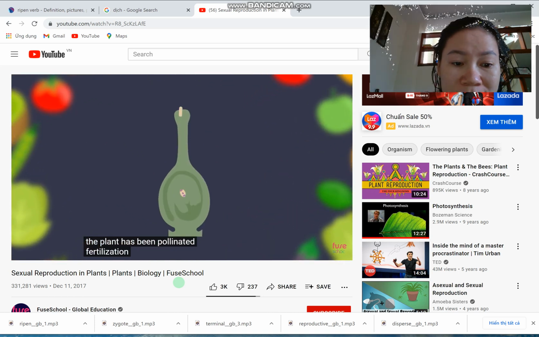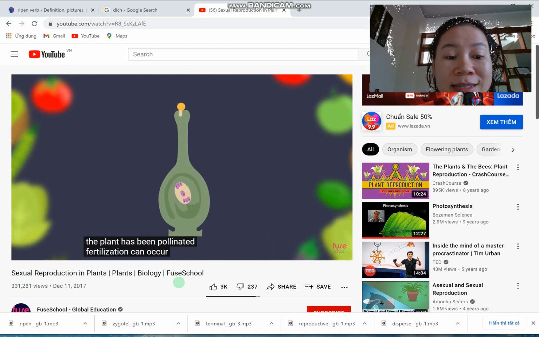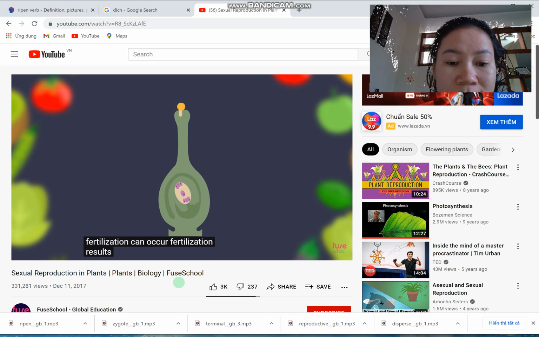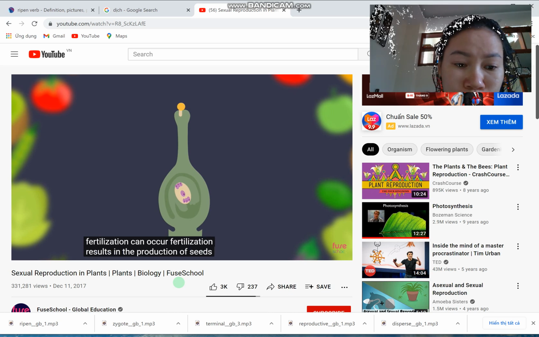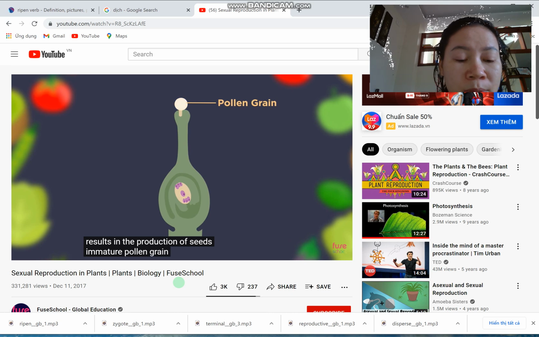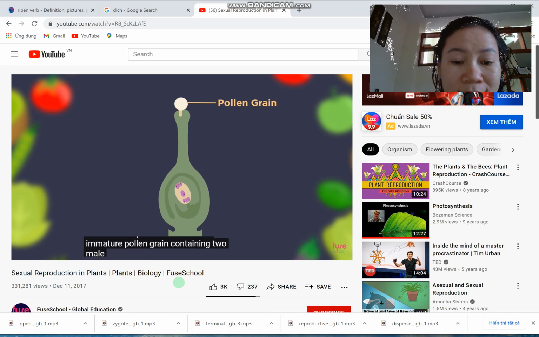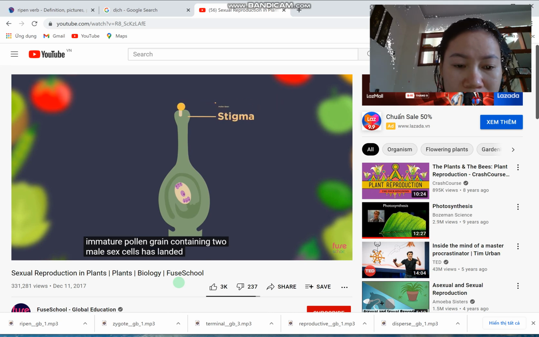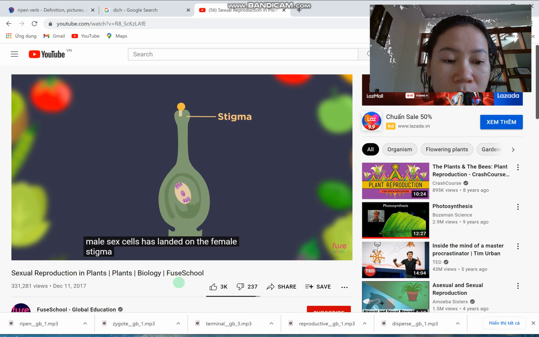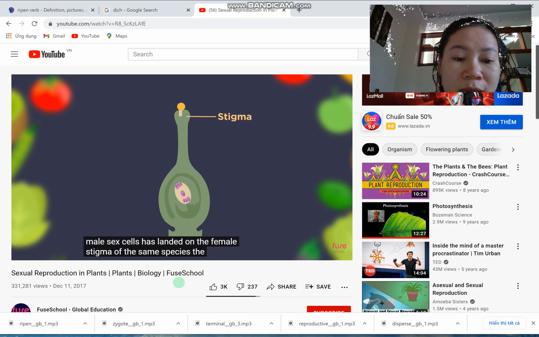Once the plant has been pollinated, fertilization can occur. Fertilization results in the production of seeds. An immature pollen grain containing 2 male cells has landed on the female stigma of the same species.